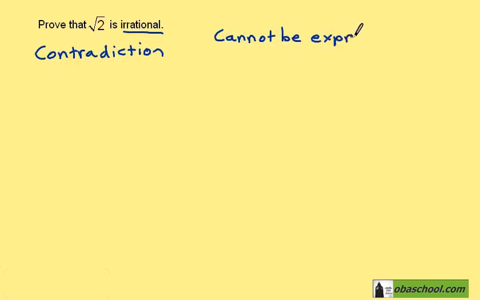We want to prove that root 2 is an irrational number. Again, we're going to use the method of contradiction. Irrational means that a number cannot be expressed as a ratio or cannot be expressed as a fraction.